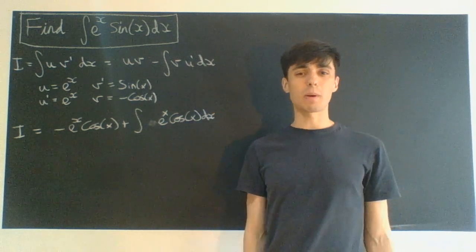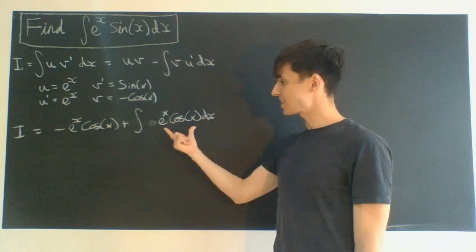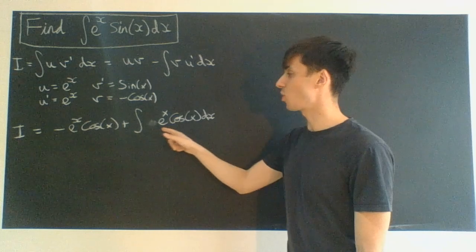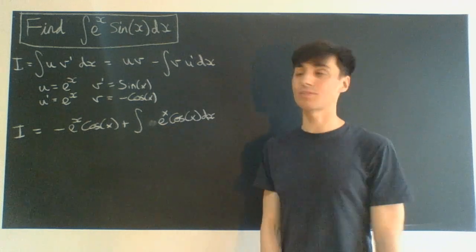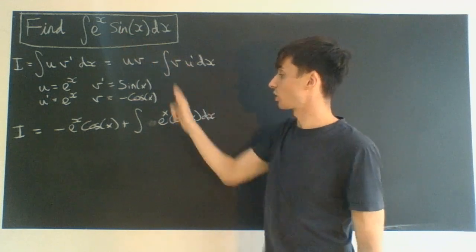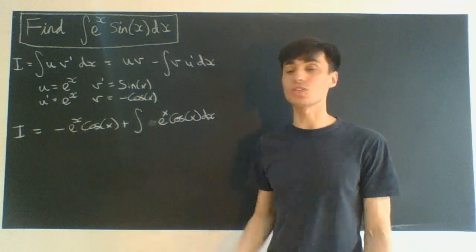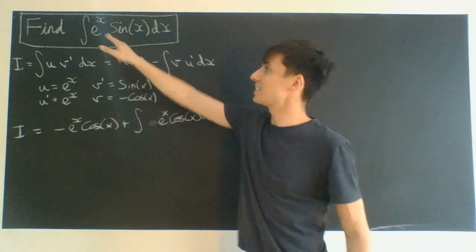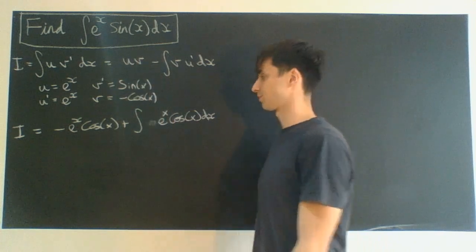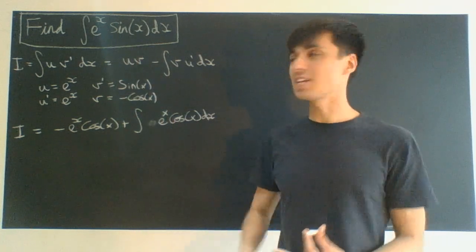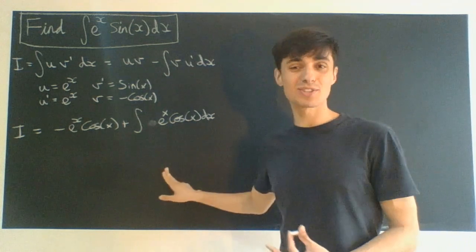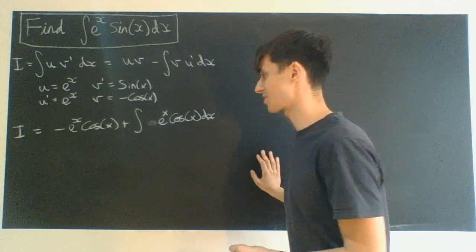Normally with integration by parts though, this is now something that we can integrate, and unfortunately here it's not again. And the reason for that is because sine and cosine are just going to go round in circles in terms of differentiating and integrating them, and e to the x is not going to budge. What we need to do here though is have faith in this method. We need to repeat what we've just done before and see what happens.